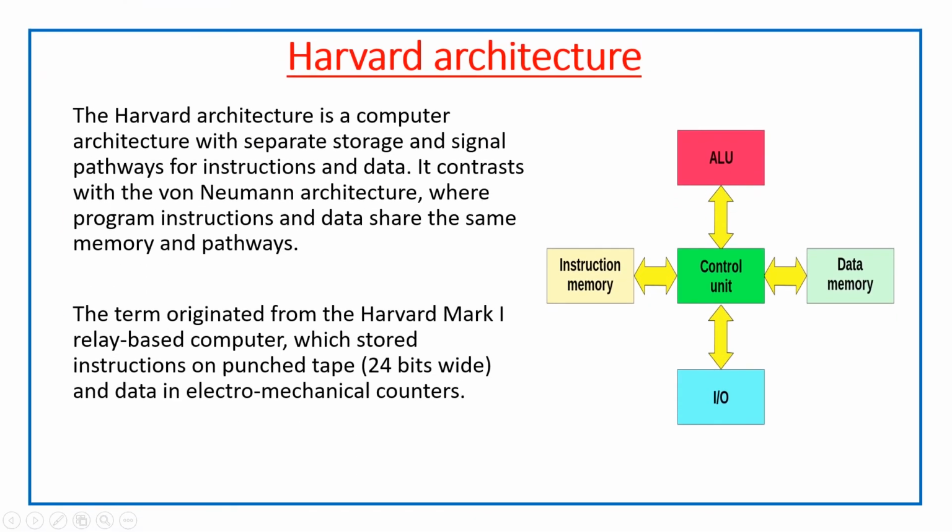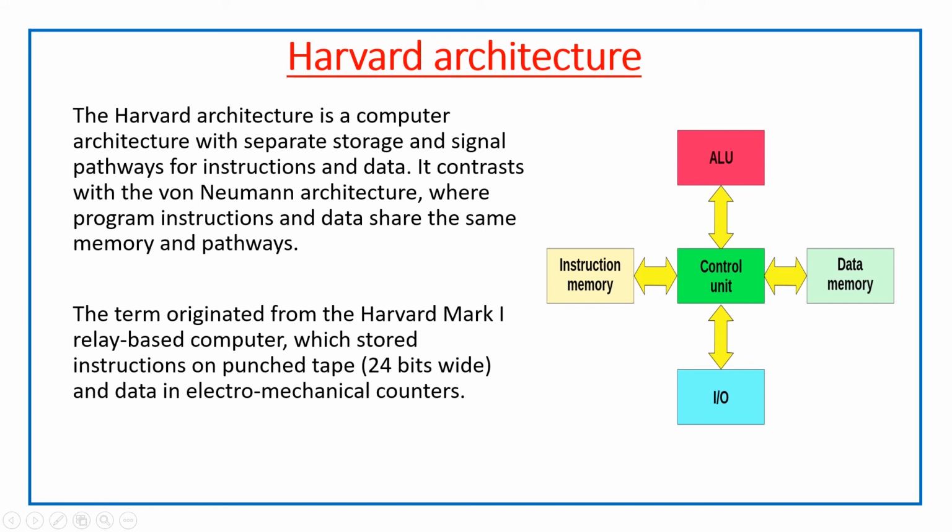Now, the Harvard architecture. What is Harvard architecture? It is another type of architecture. The Harvard architecture is a computer architecture with separate storage and single paths for instruction and data.